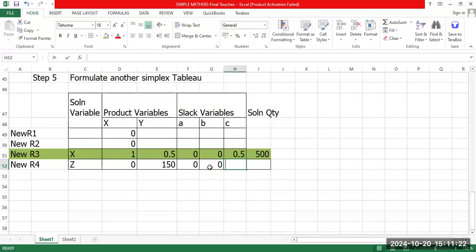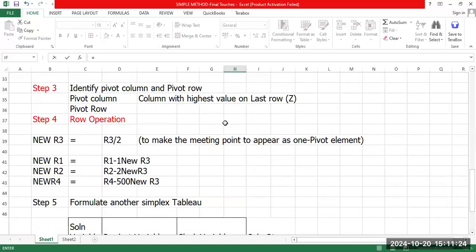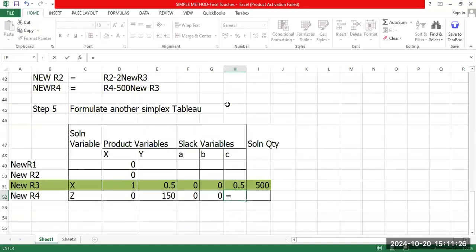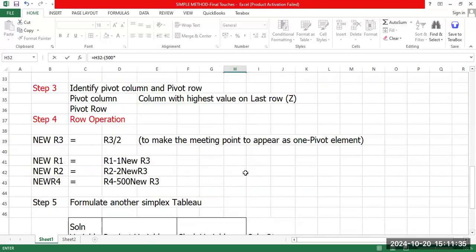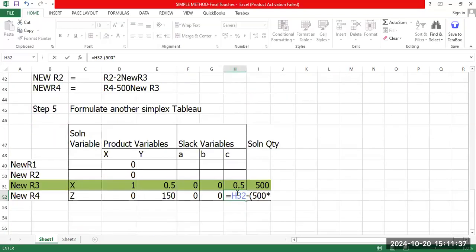Then here, equal sign, the value here, I'm handling which column? C. This is 0 minus, open bracket, 500 times, at this point, what is the value of C? 0.8. What is the value of new row 3? 0.5, close bracket.